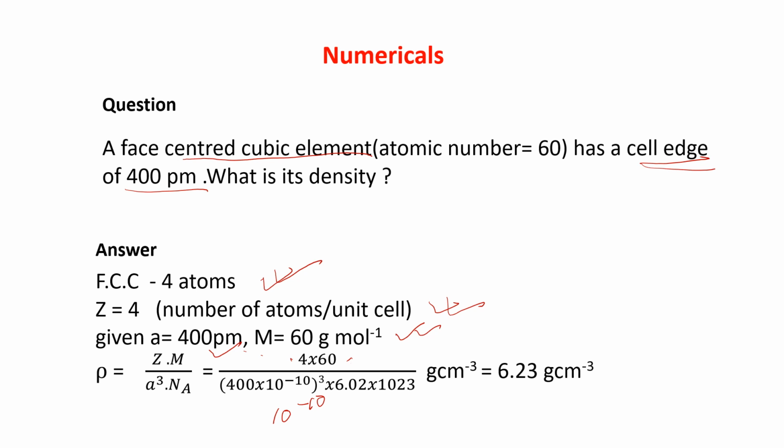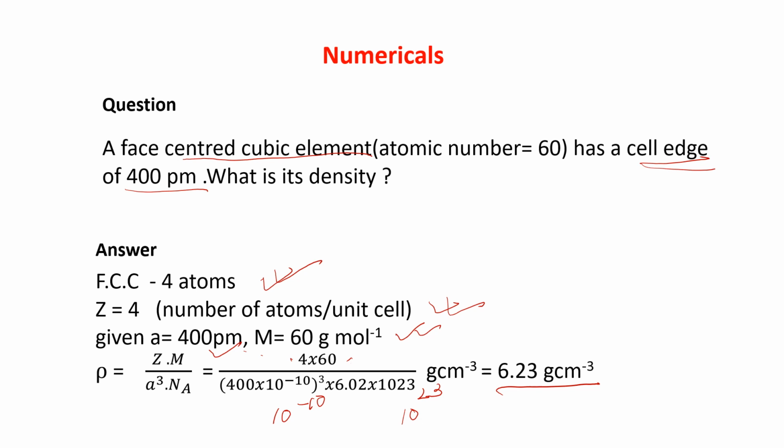Now Avogadro number is 6.02 into 10 to the power 23. So now if you calculate it, you will get 6.23 gram centimeter minus 3. Are you getting my point?